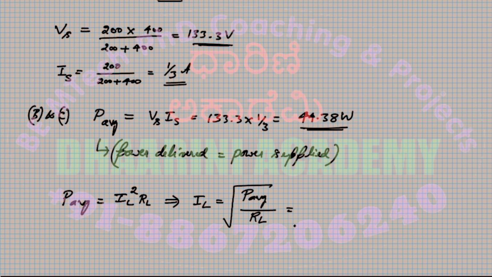All the values we have, let us substitute. So this is 44.38. Look at the RL value. RL is 100. Related to the load, I'm calculating. So now we calculate.